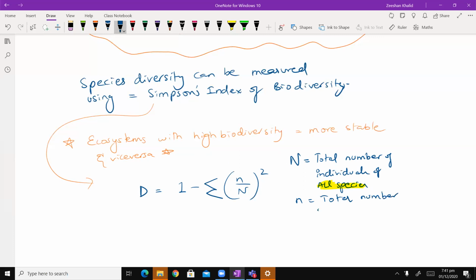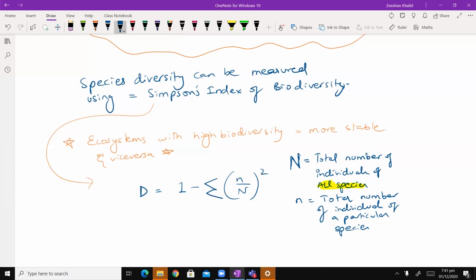We're only talking about one species. That's why we're using capital N to represent all of the individuals.